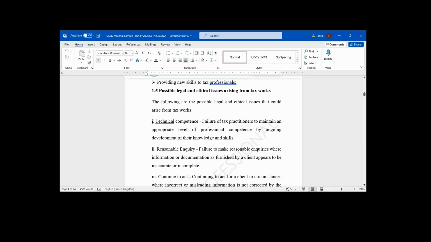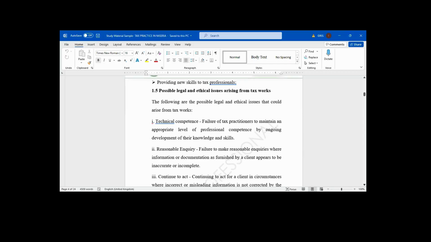If you need some document before you can conclude your tax computation or tax return, ask the client to give you the document. If they give you documents and you do not understand some figures or items, you need to seek information, make inquiry, and do documentation.